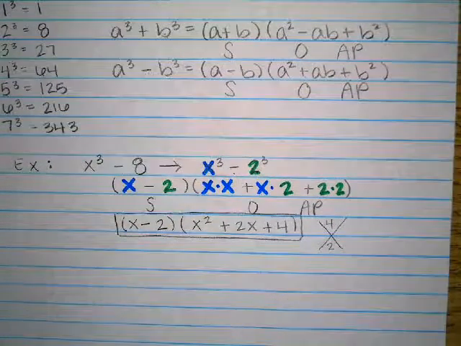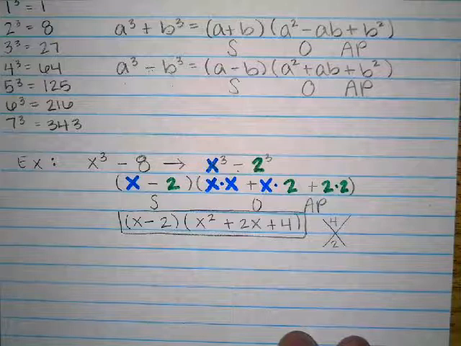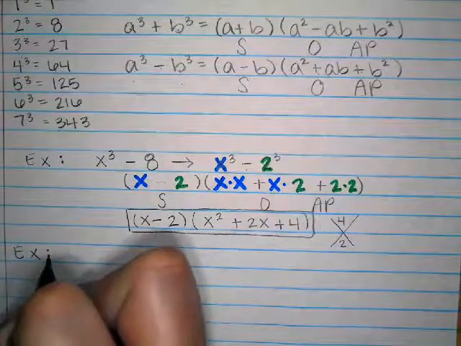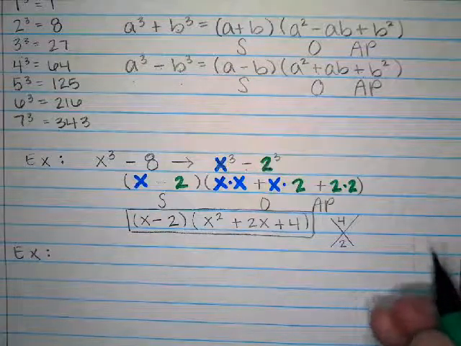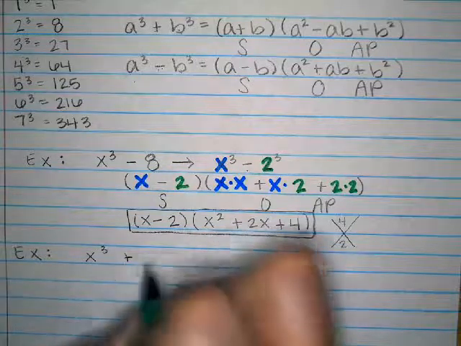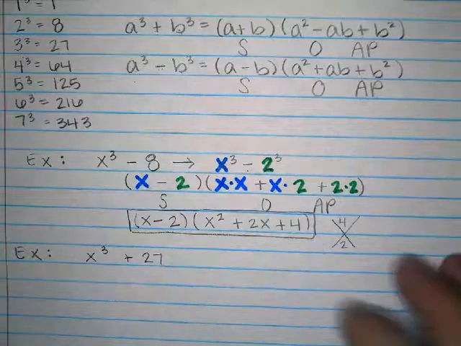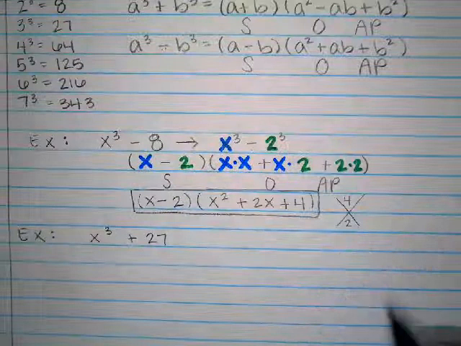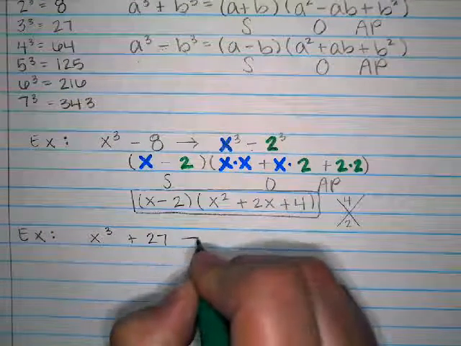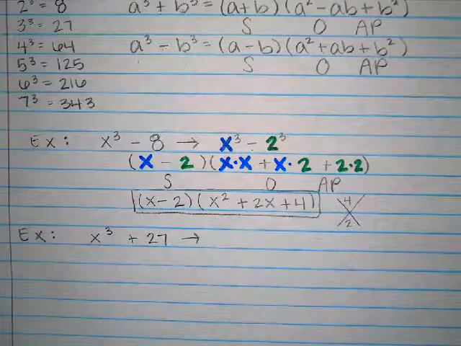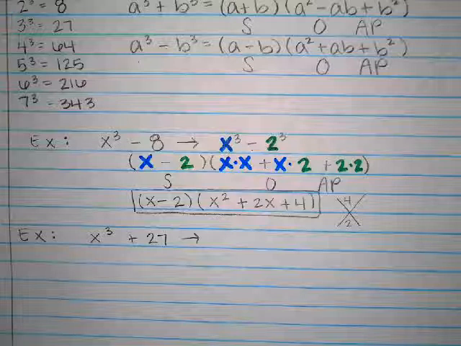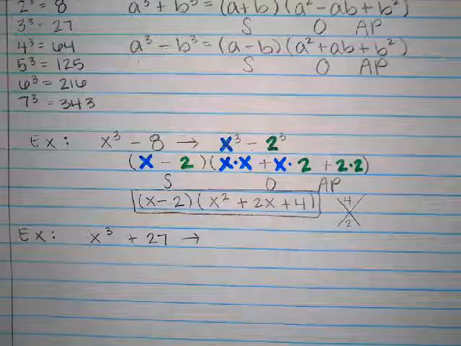Okay. Let's try another one. We will do x to the third plus 27. So the first thing I need to do is rewrite it. So I have something to the third and something to the third. X to the third and 3 to the third.